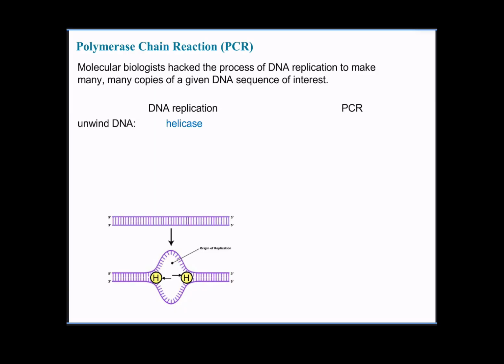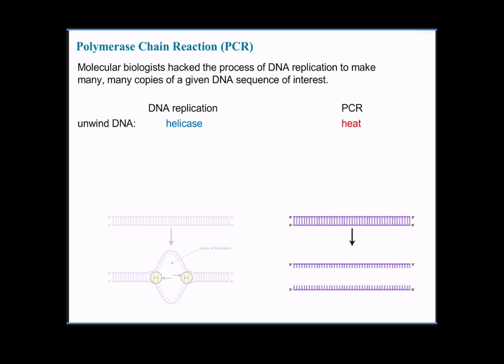So if you increase the temperature of the system, you will force these strands to separate. And that's exactly what we do in PCR. We use heat. A key difference between what cells do with helicases and what we do in PCR with heat is that if you apply enough temperature, you can separate the entirety of a DNA molecule into its two strands, as opposed to helicase, which will work locally.